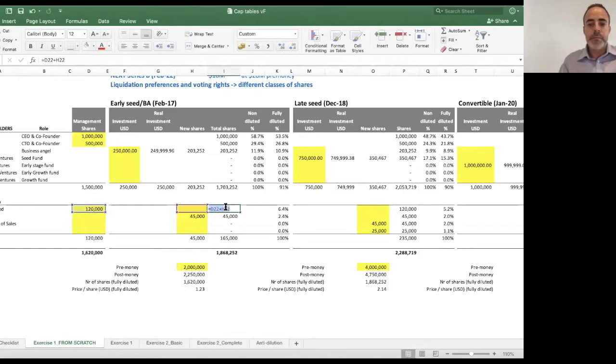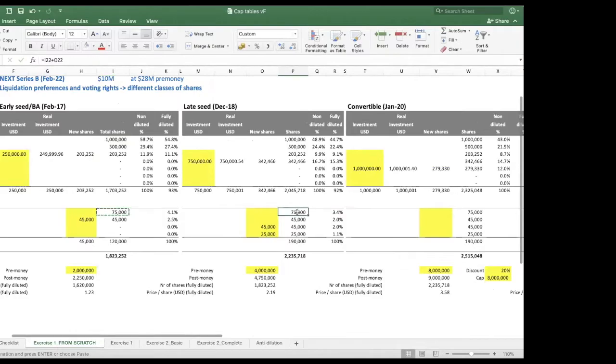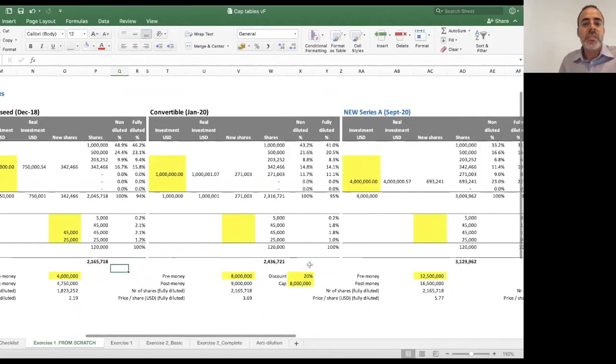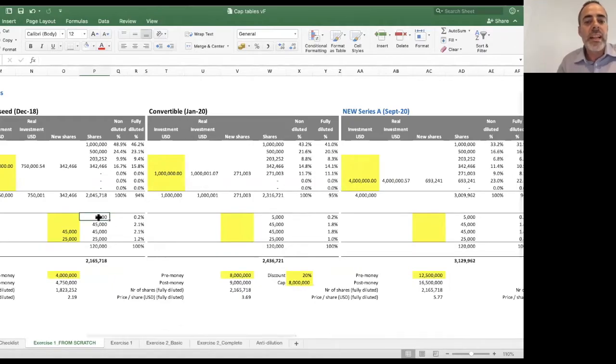So this should be this plus this minus this. The unallocated pool is reducing, so you come to the Series A with an unallocated pool of 5,000 stock options.